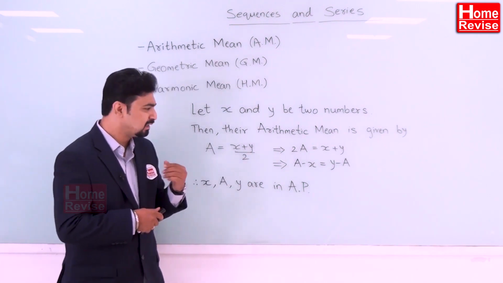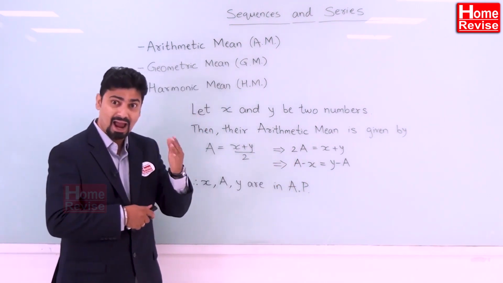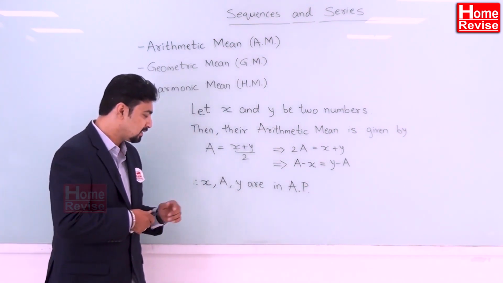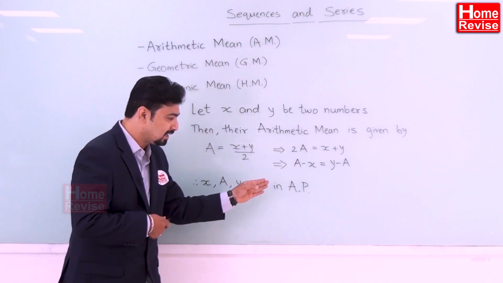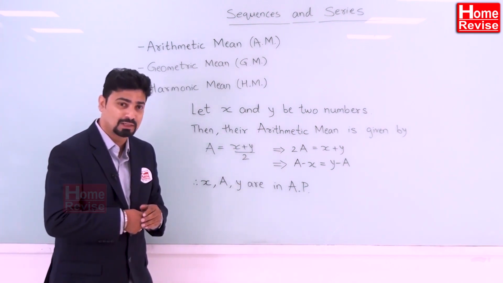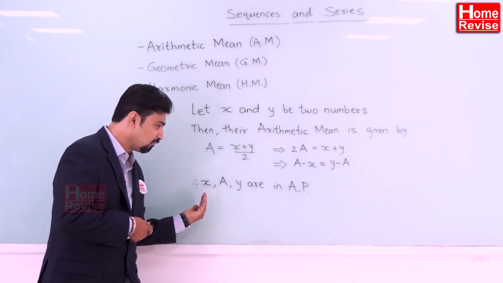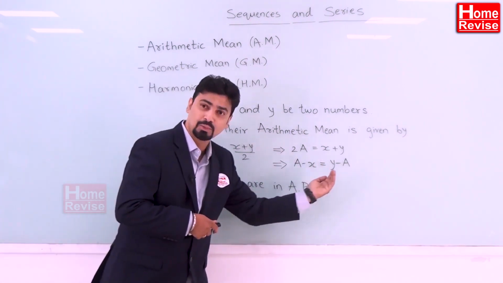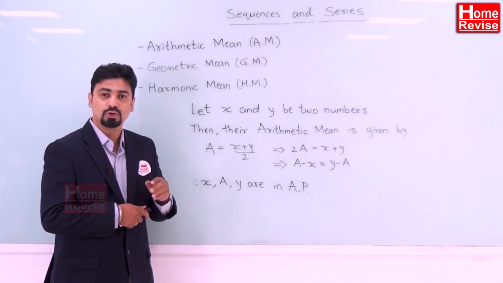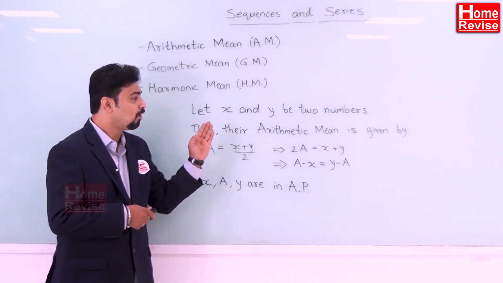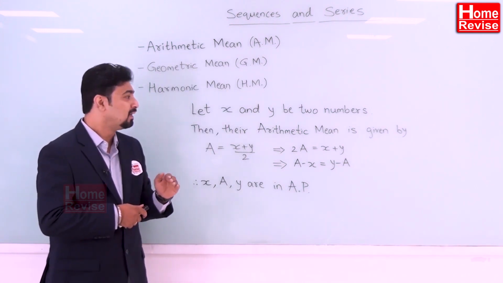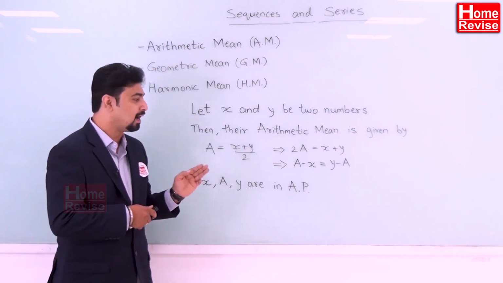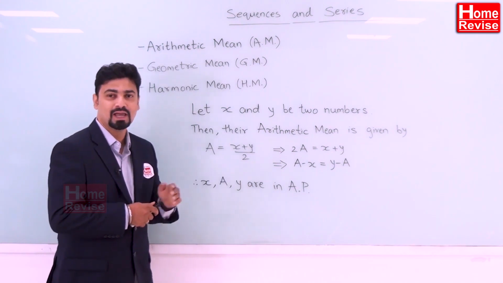So can I say here that x, a and y are in AP, because the difference between the second term and first term, that is a and x, and the difference between the third term and second term, that is y and a, is constant? So the arithmetic mean of two numbers lies between the two numbers, and those three numbers are in arithmetic progression, or AP.